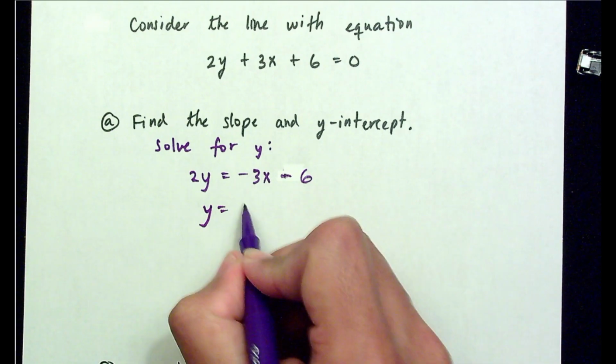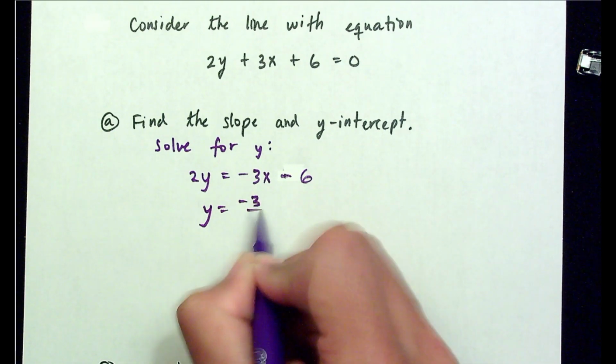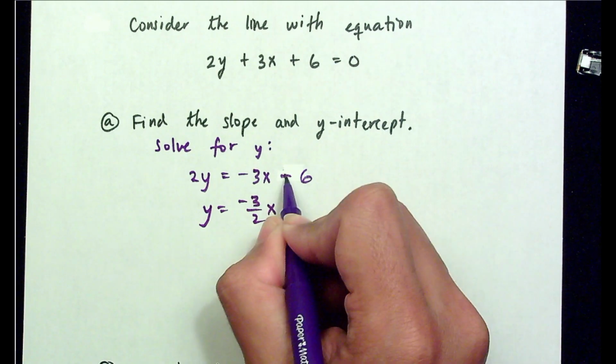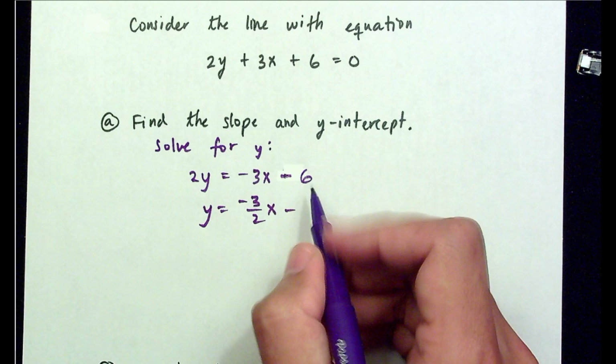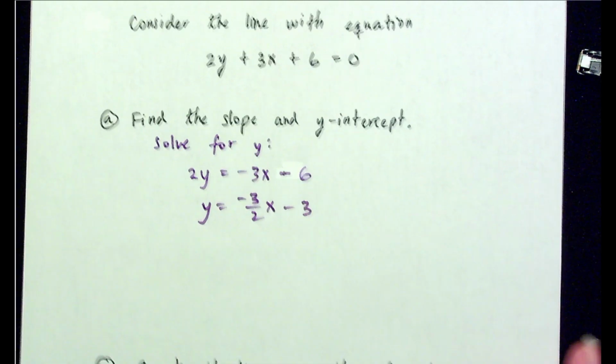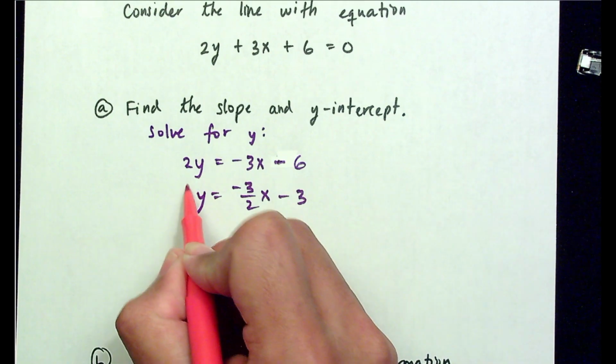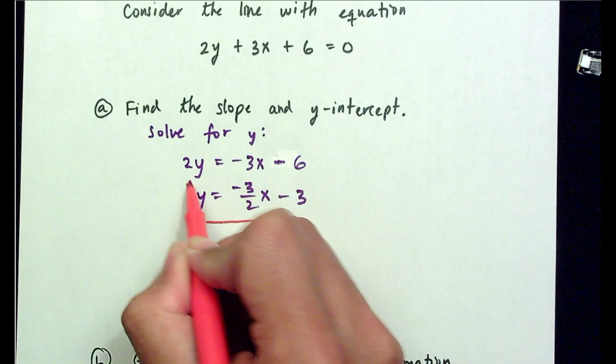Everything gets divided by 2, so the negative 3x gets divided by 2, and then the 6 gets divided by 2, so you would get negative 3. So that is the equation in slope-intercept form.